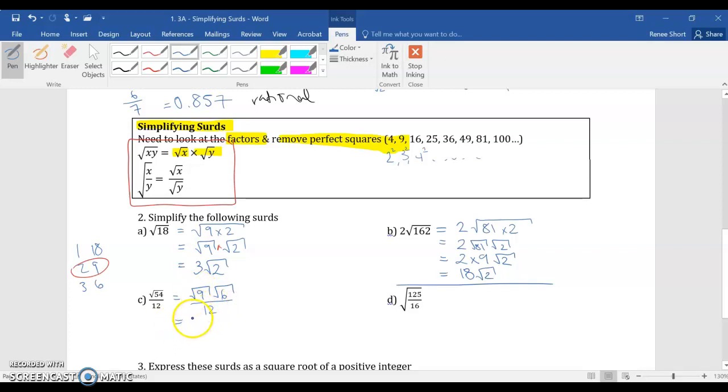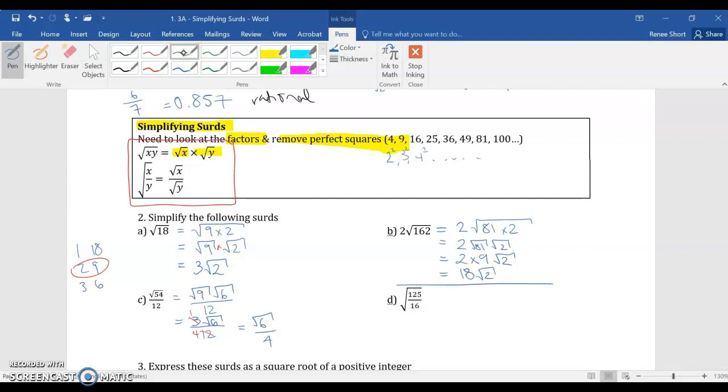I know that root 9 simplifies to be 3. I can't simplify root 6 any further, so I've got 3 root 6 over 12. And these guys have a common factor. They're both divisible by 3. So my final answer here will be root 6 over 4, because I can take out that common factor.